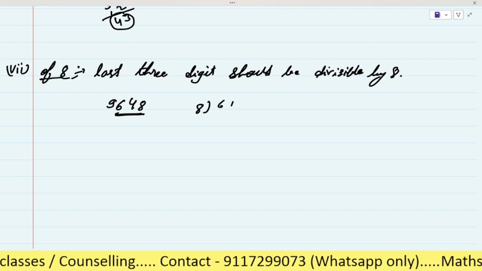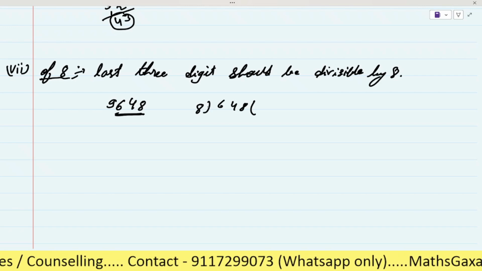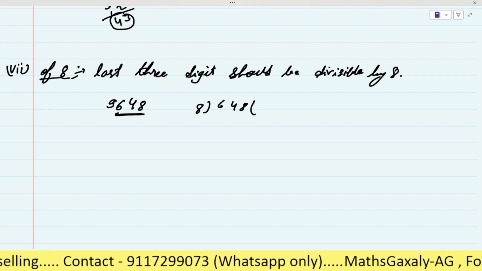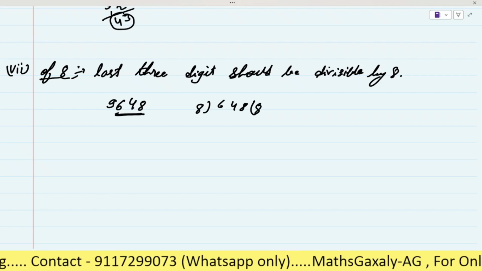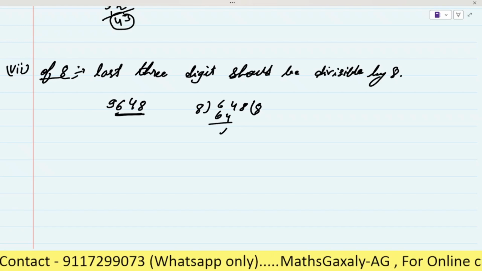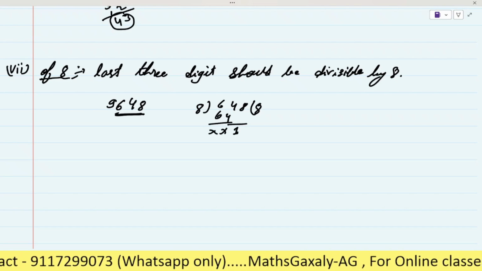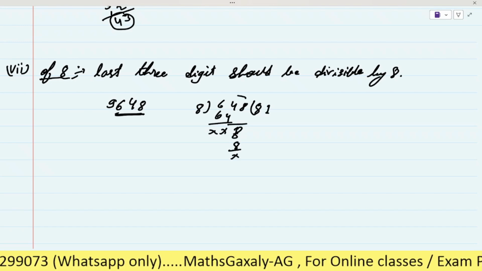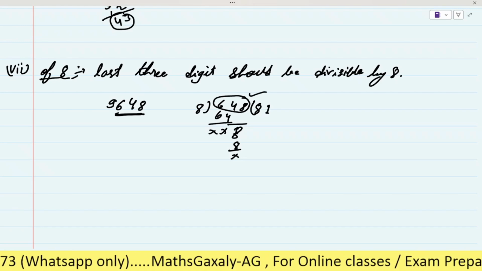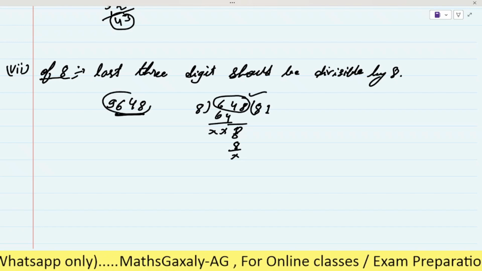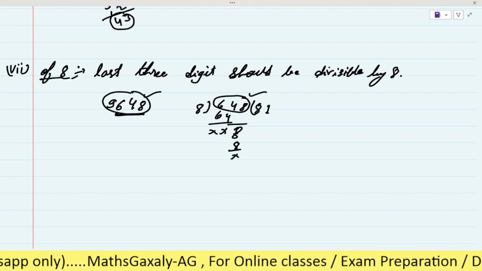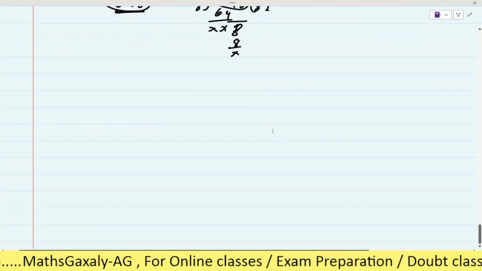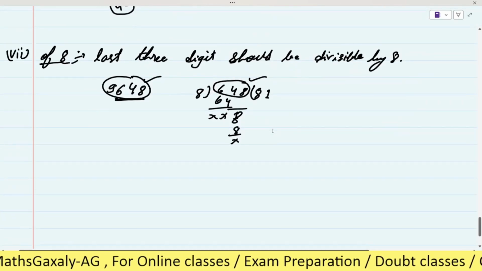So just divide 648 by 8. 8 8s are 64, and here it will be 8. So it will be 81 times. This last three-digit number is divisible by 8. It means the whole number is also divisible by 8. Is it clear? Yes, sir.